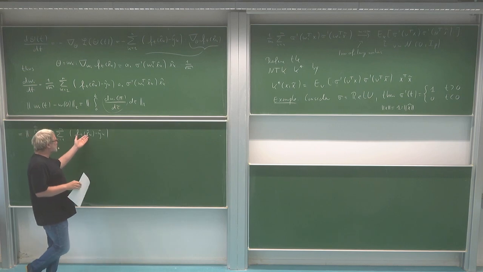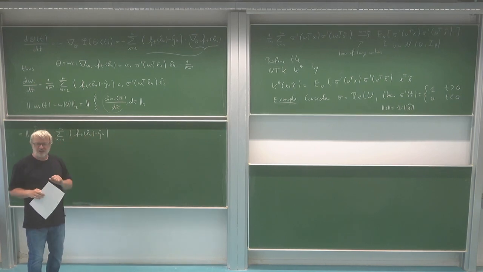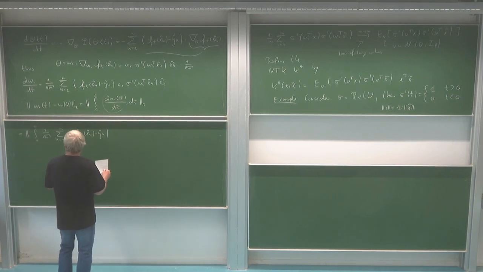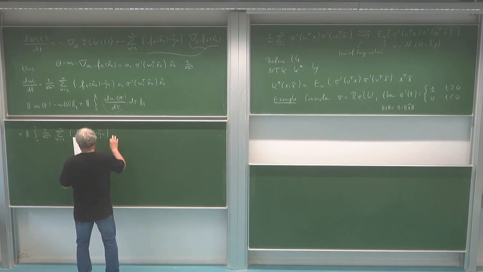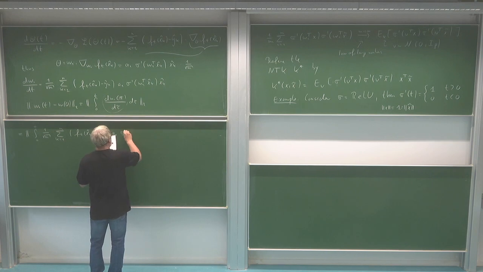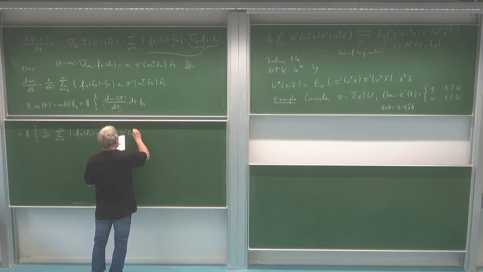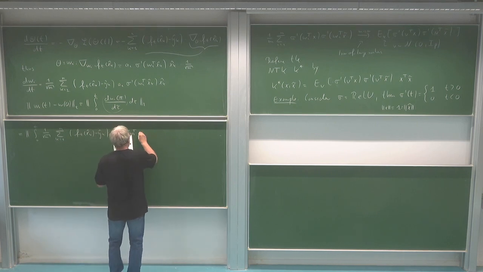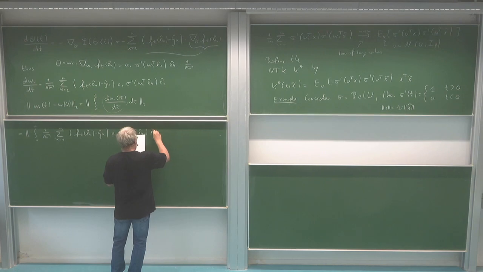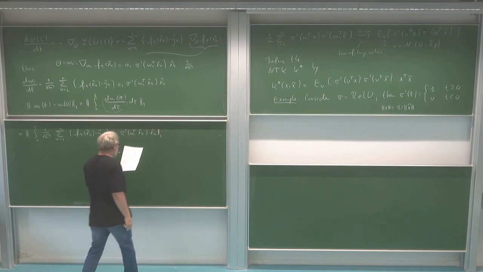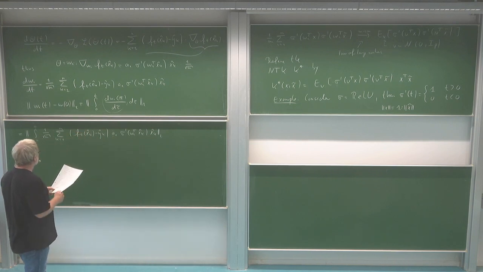If I have not achieved the right value at the points xk, I want to change the weights such that things are getting better. Okay, and then I have the ai times the sigma prime of wi transpose xk hat times xk hat. Okay, and I want to take the 2 norm of this.